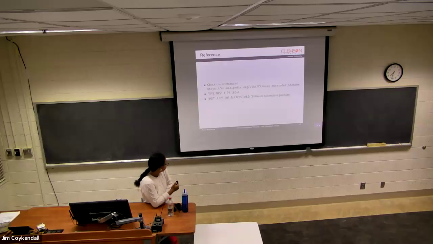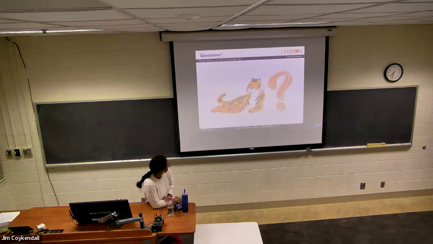And this FIPS 186, this is where RSA is described, so that's where you see how RSA is implemented and all of that. And this FIPS 204 and the Crystals-Dilithium submission page, that is where you are going to see the types of things that you do with ML-DSA. And that is what I have for you today.